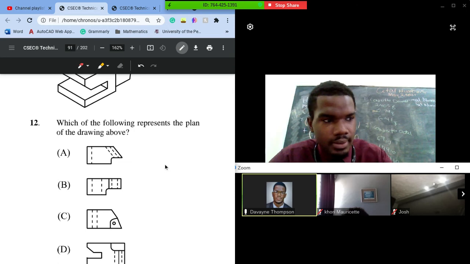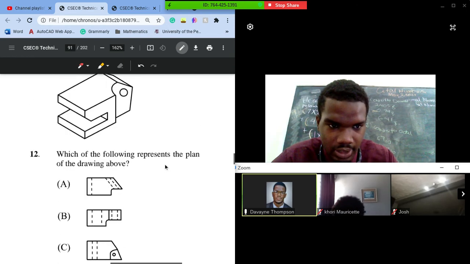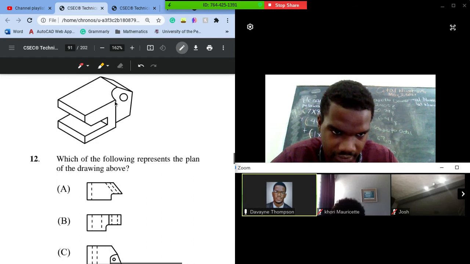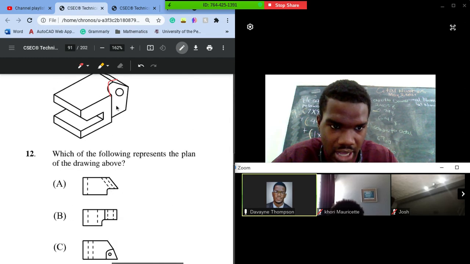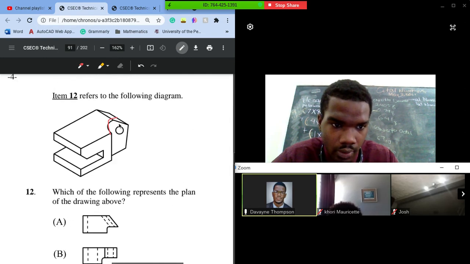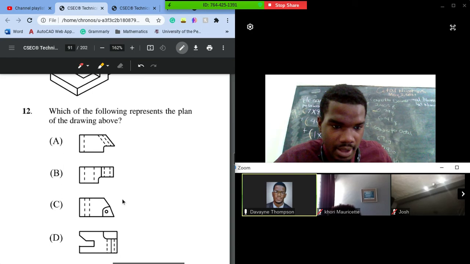Is it A, B, C, or D? Look at the side. Look at the curvature of this part. Whichever choice you pick must have a curvature, and it must have a hole going through it to that extent. So this can't be the answer.